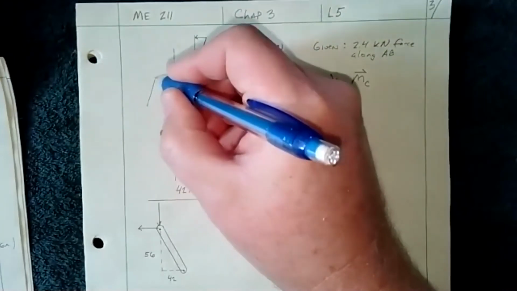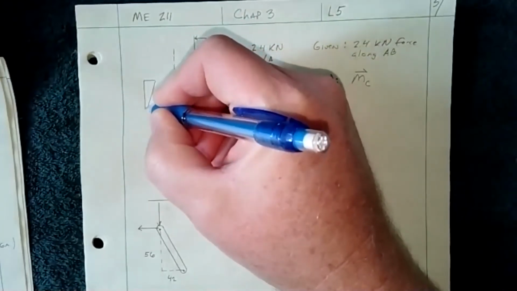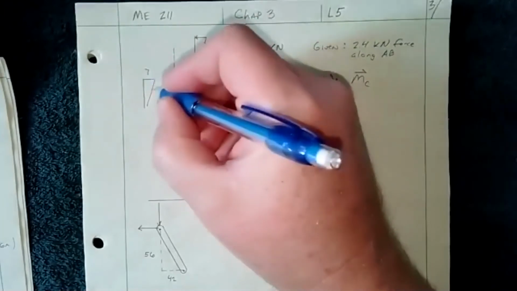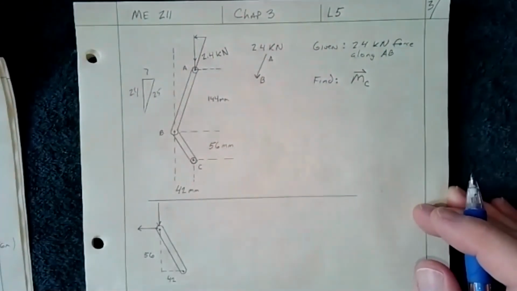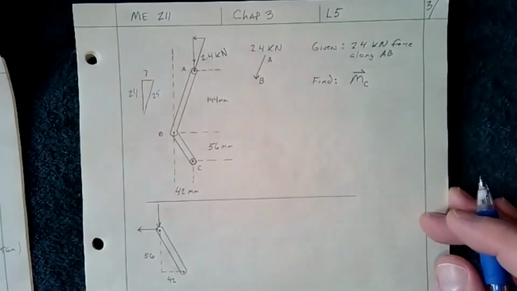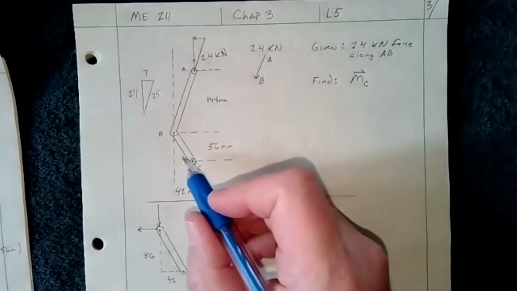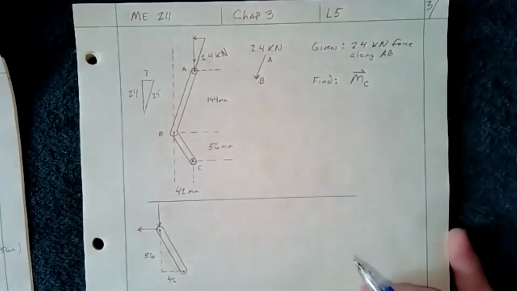So we have a triangle that looks like this: 7, 24, 25. As I said, we use a lot of triple triangles in this class. And actually this triangle down here is a 3, 4, 5 triangle. So we'll get to that.